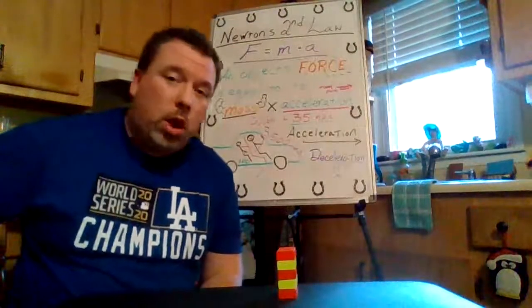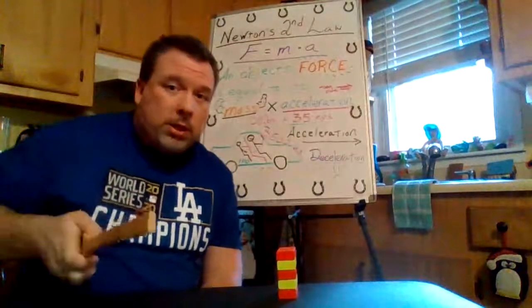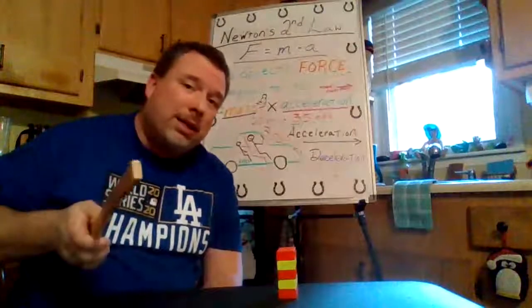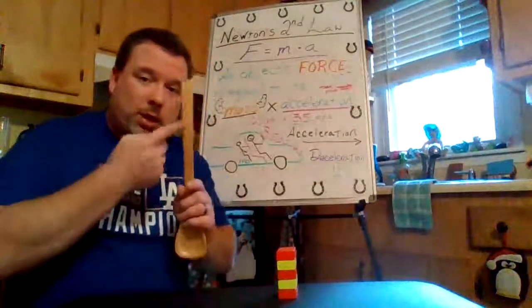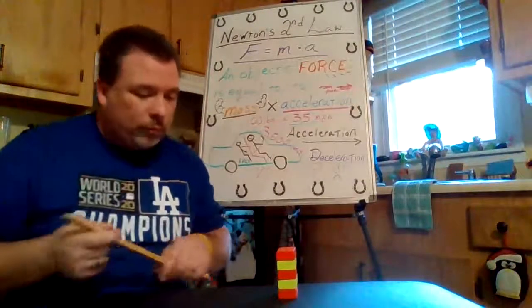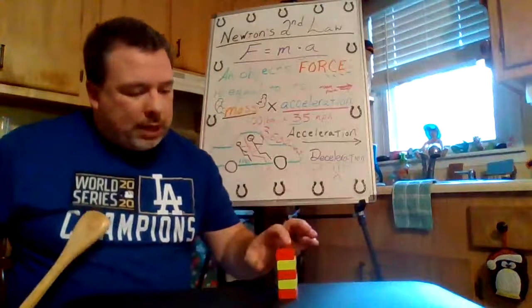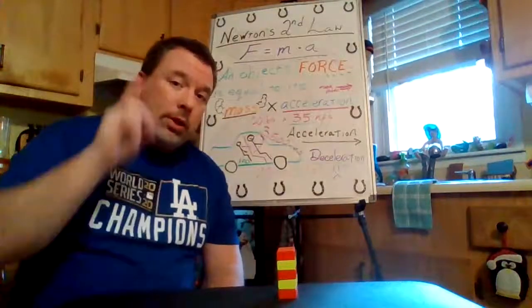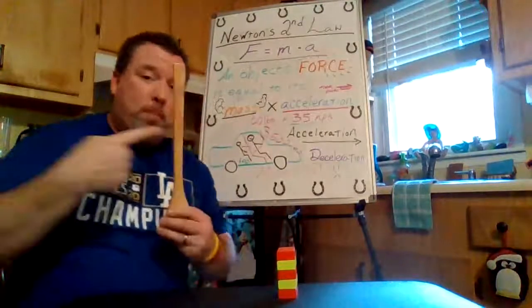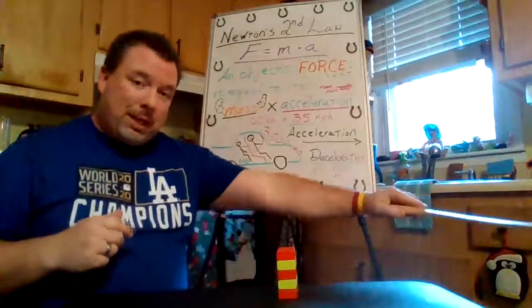Okay. Now, we're going to show both Law 1 and Law 2. Law number 1, inertia. An object at rest will stay at rest unless acted upon by an external force. The external force in this case is going to be the handle of this spoon. The things at rest are these blocks. But we're also going to show Newton's second law, that the force we apply is equal to the mass multiplied by the acceleration.